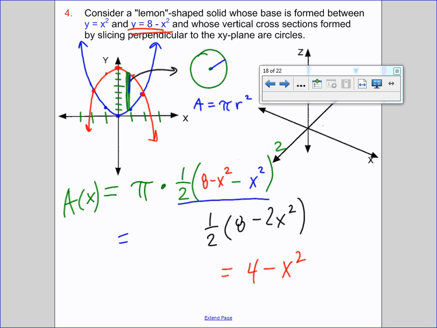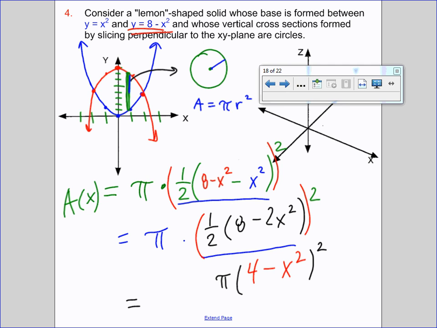So that equals pi r squared. Isn't the radius that in blue? Yeah, is half of 8 minus 2x squared. Okay, now we can distribute, now we can square it.